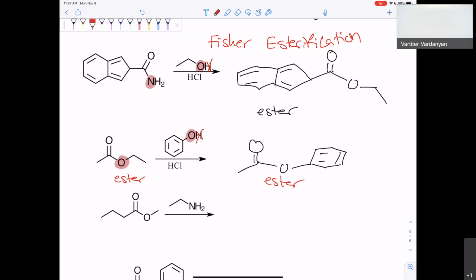So if we go from an ester to an ester, it's not just an esterification. We're going to call it a transesterification. This is under the category of Fischer esterification. It just gets this little preface because we start with an ester and we end with a different ester.